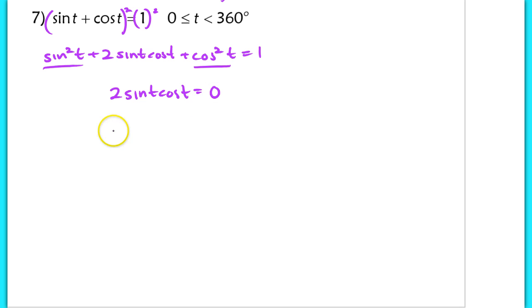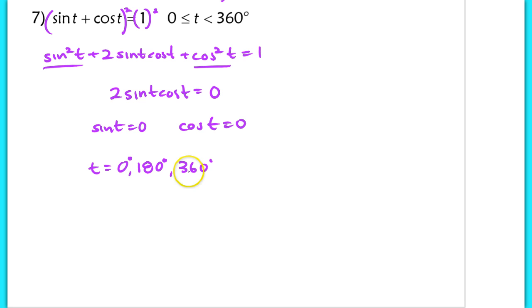So that's good because now I can set the sine of t equal to 0 and the cosine of t equal to 0. Alright, now on a unit circle, the sine of t is equal to 0 when you are at 0 degrees, at 180 degrees, and at 360 degrees, but 360 is not falling within our interval, so that doesn't count here. Now the cosine of t is equal to 0 at 90 degrees and at 270 degrees.